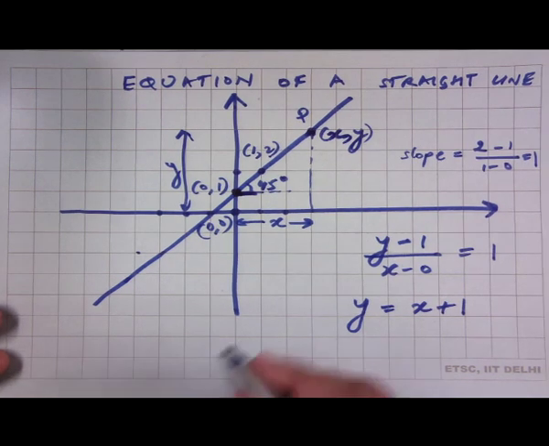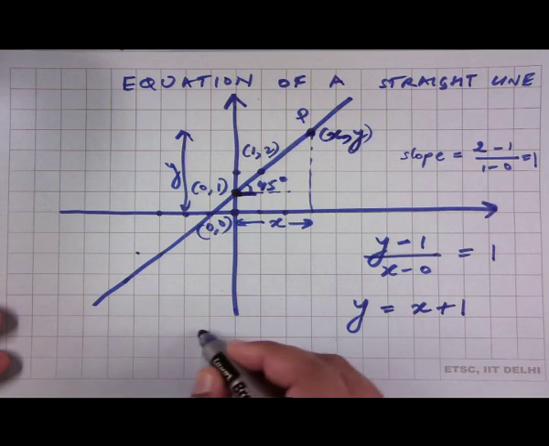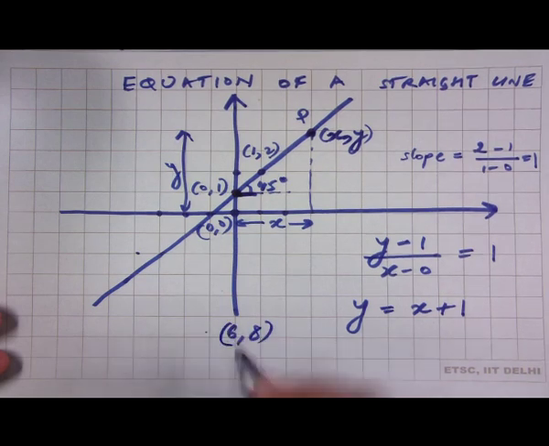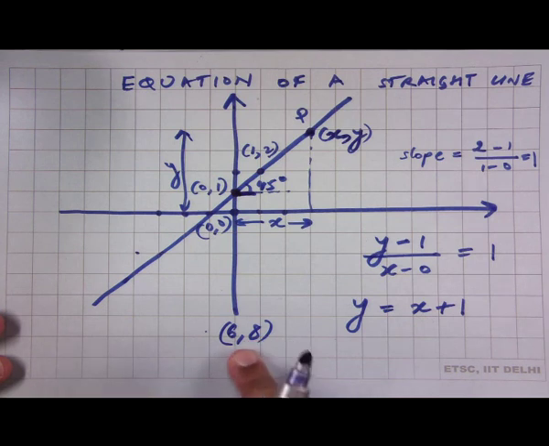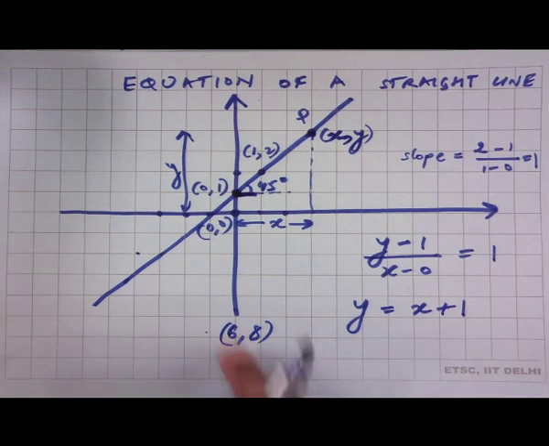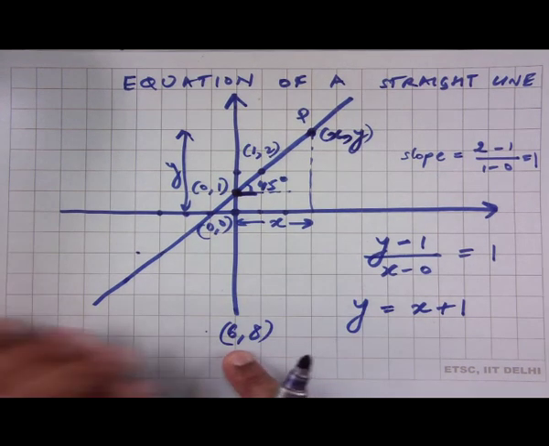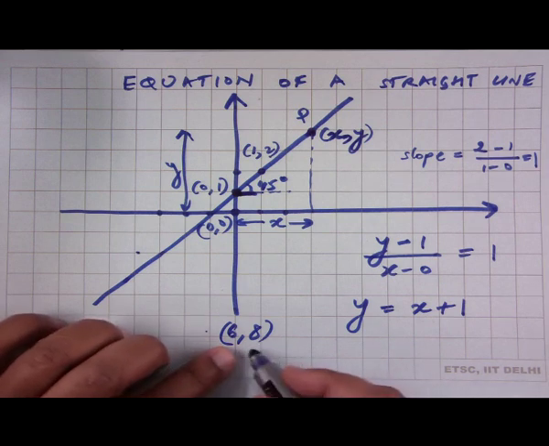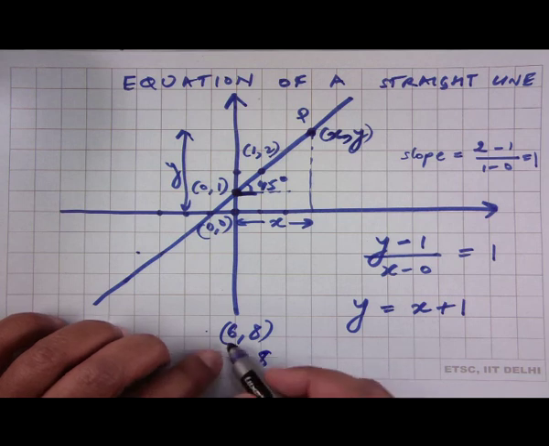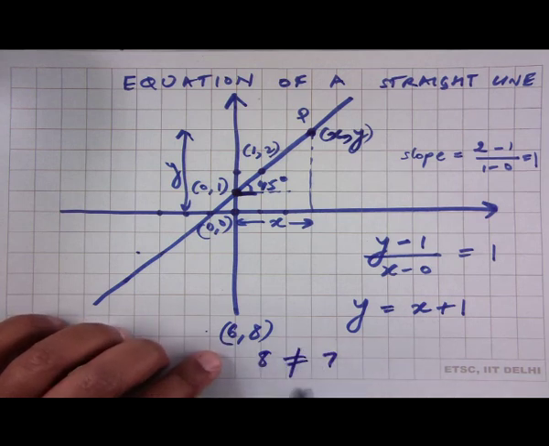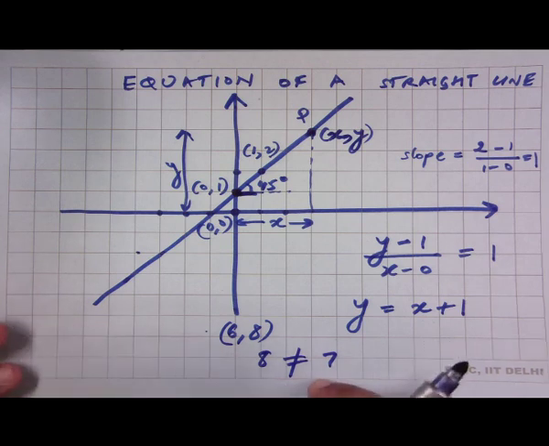For example, if somebody gives me a point 6, 8, x is 6, y is 8, I can immediately check whether this point belongs to this straight line or not. One can see that it does not belong, because y is 8 and x plus 1 is 7, and 8 is not 7.